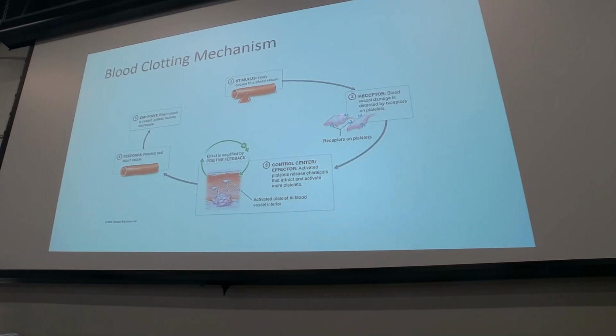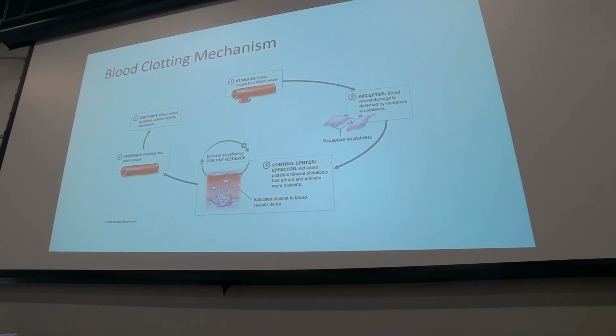But you start with very few platelets activated, and that leads to recruitment of more platelets. So that's a positive feedback. And also coagulation factors help you strengthen this platelet plug, and then you will have the repairing mechanism.